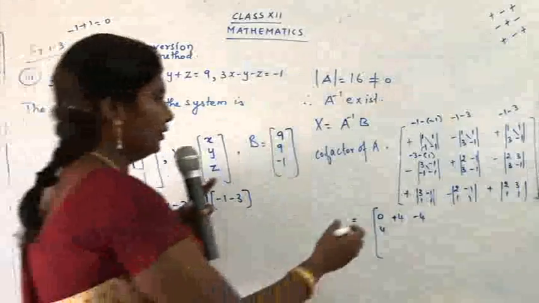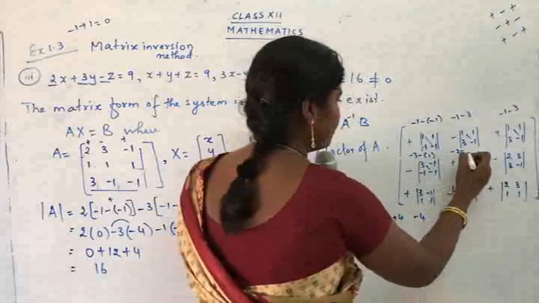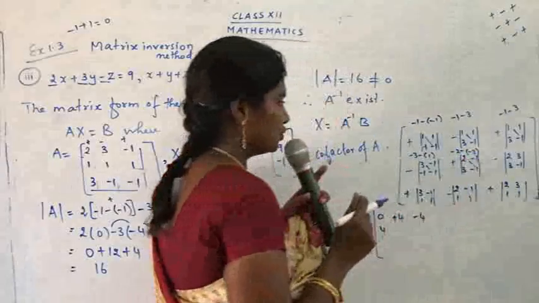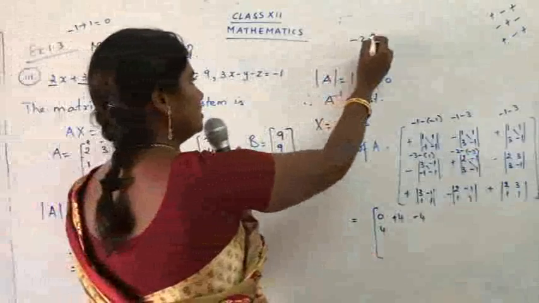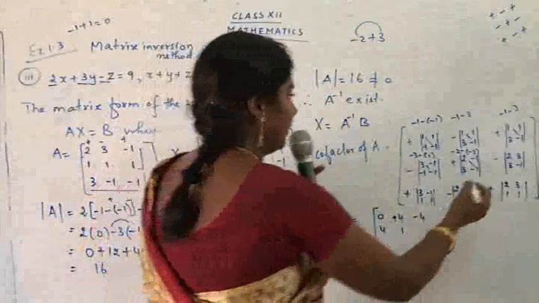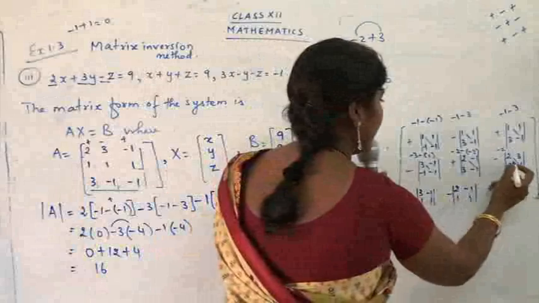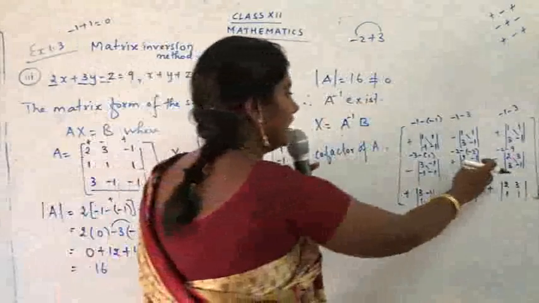Next number. Give me the answer, children. Minus 2. 2 into minus 1, minus 2. Minus 3 into minus 1, so it's minus 3. So minus 2 plus 3. What is the answer? 3 minus 2 is plus 1. Yes. Minus 2 minus 9. So minus 11. We have a negative sign here.